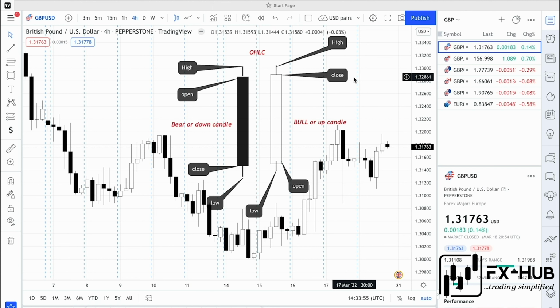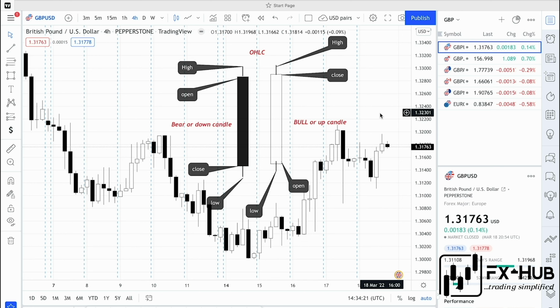The low and the high are always the same for both the bull and the bear candle. But the bear candle opens above and closes below. So take note of these two differences: the high and the low are the same, but the open and the close are inverse of each other. Look at the screen and take note of this very concept.